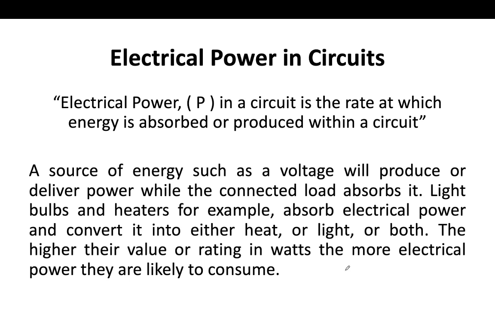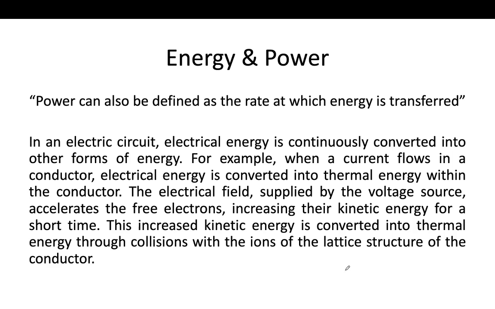So this is also electrical power, the rate of energy absorbing or producing. This means the rate of change of energy from one form to another is called electrical power. What is energy and power?